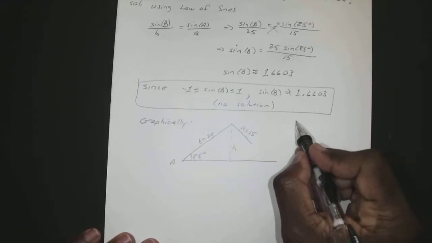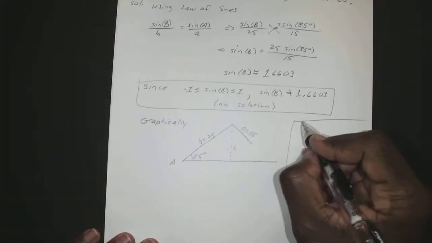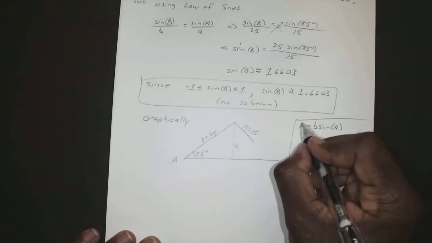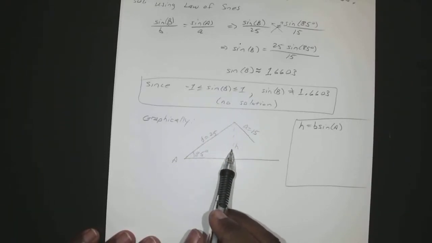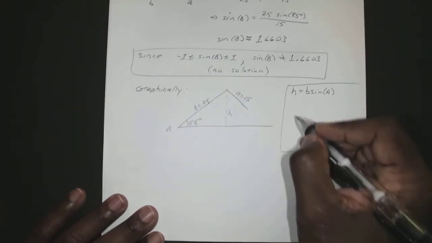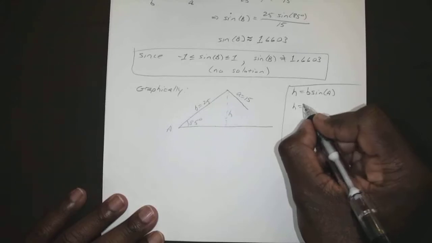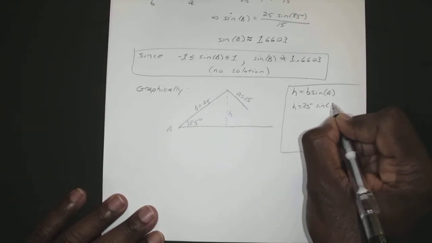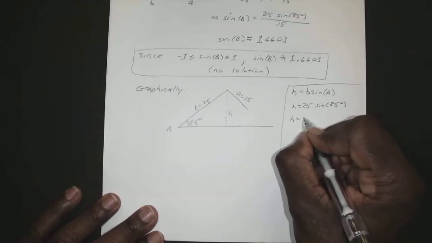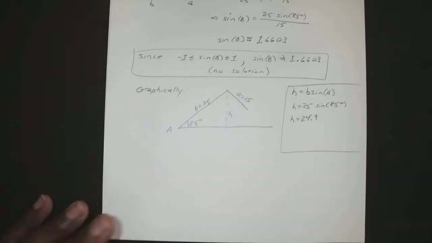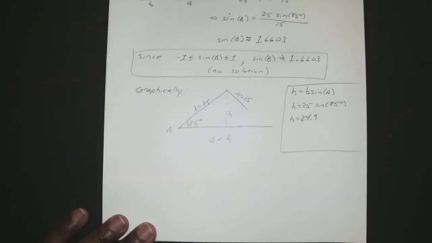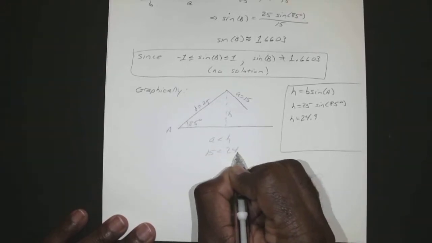We know that our height is equal to B sine of A. Remember, that's opposite over hypotenuse, and then we just solve for h. So our height is equal to 25 times sine of 85 degrees. Our height is actually equal to 24.9. So we know that A is less than our height because 15 is less than 24.9.